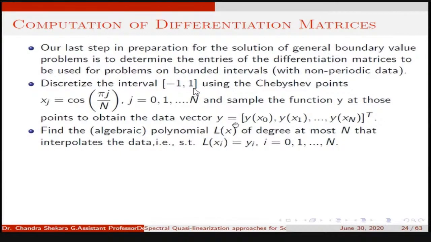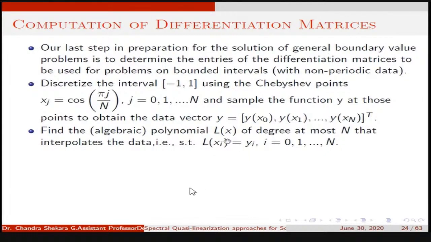So you can find the Lagrange's polynomial L of x of degree at most n that interpolates these values, the collocation points in minus 1 to 1 and the functional values at the collocation points, by using this relation. So L of x is equal to y.